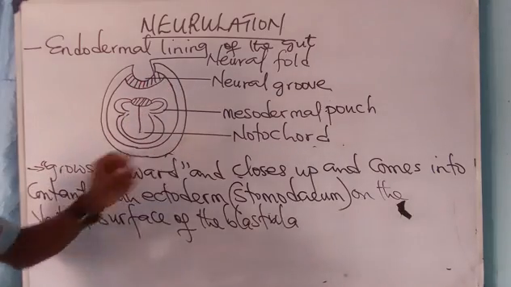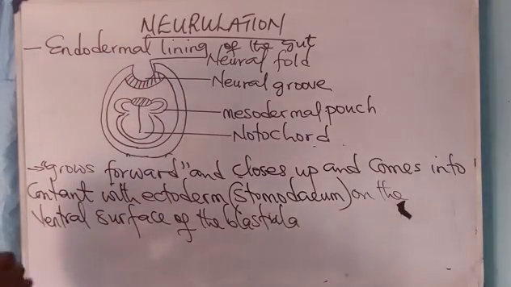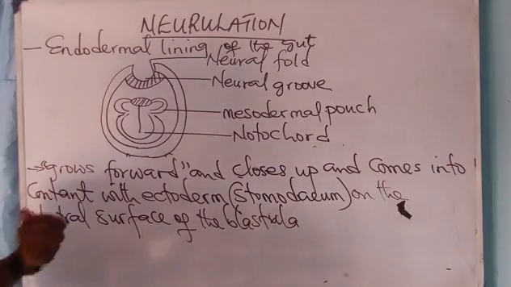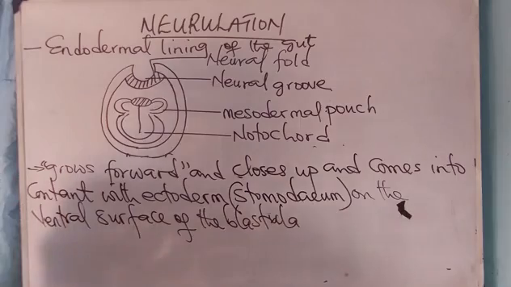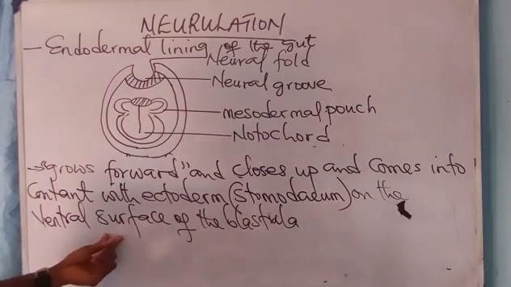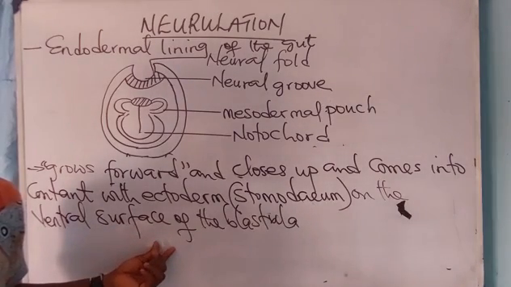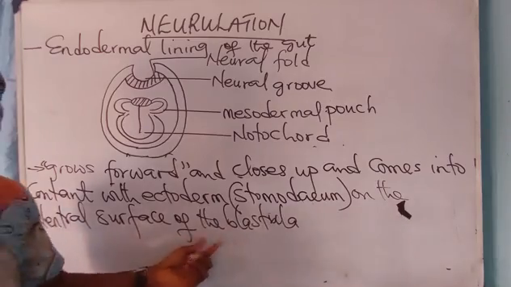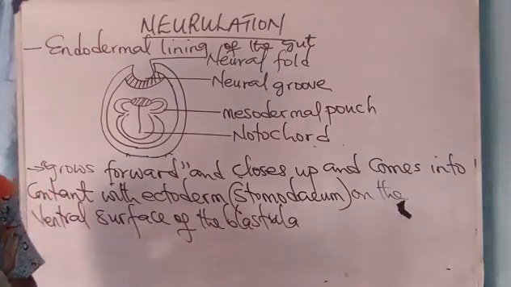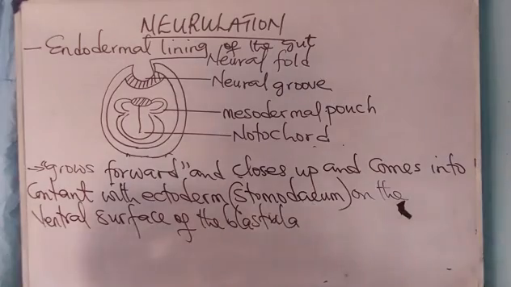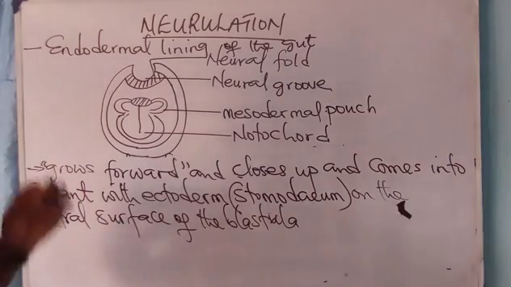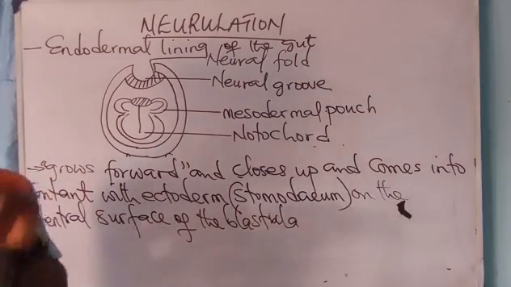The notochord persists in amphibians and other chordates like amphioxus or Branchiostoma. But in man, as vertebrates, we have backbone and we do not have notochord. This backbone is otherwise called the vertebral column.